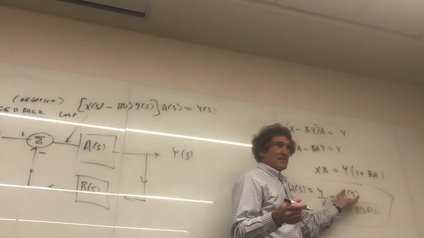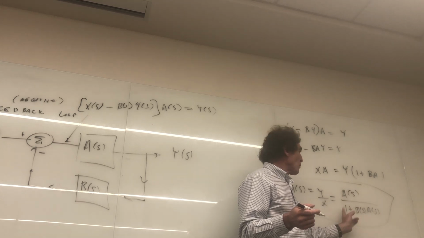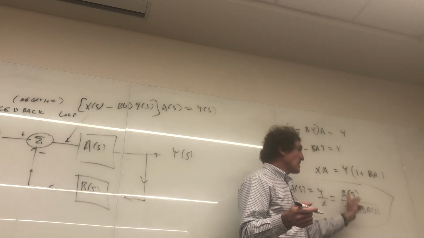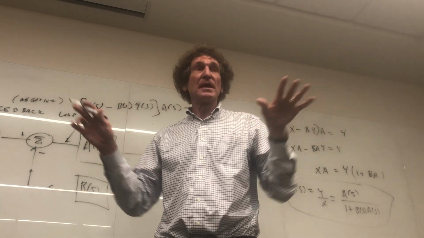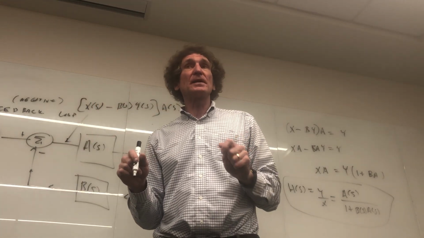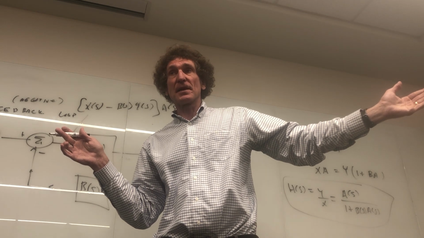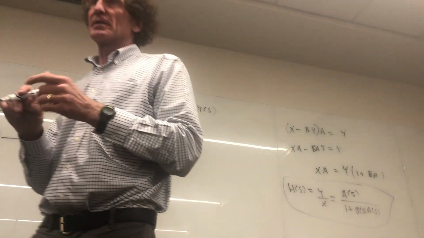Suppose A is 10, and beta is, say, 1/2. Well, 10 over 1 plus 5, which is 1/2 times 10, is 10 over 6, so it's less than 10, and I'm just using a single number. Do you all see this? It reduces the overall amplification, but it'll extend the frequency out to which it works. That's the way I like to think about feedback. It also stabilizes an unstable circuit a lot of times.